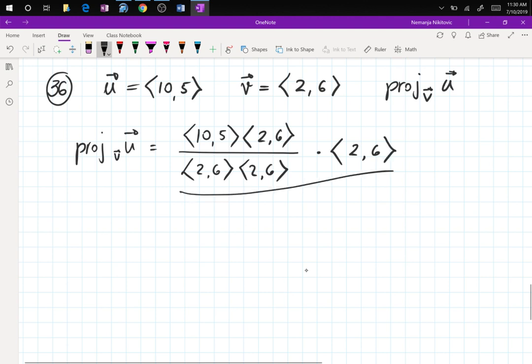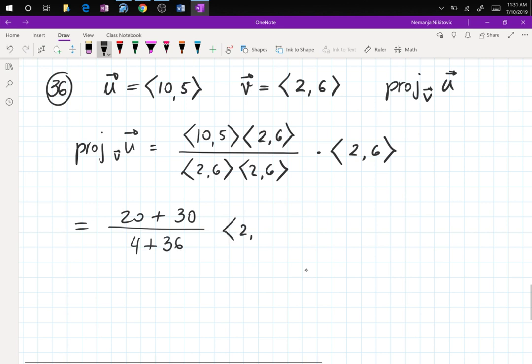So you have three v's over here because you are projecting onto v. 10 times 2 is 20, plus 5 times 6 is 30, divided by 4 plus 36, everything dot 2, 6.